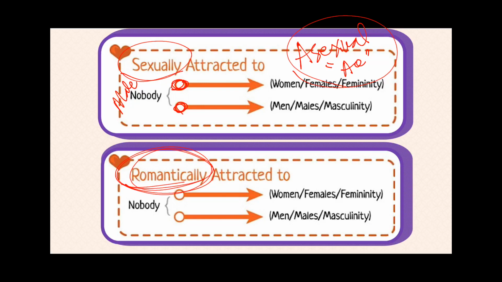So ganun din, if I'm a male asexual and I only like women, then I am considered an asexual heteroromantic. Okay? And, for example, I am a male who exclusively just likes men, then I am an asexual homoromantic.